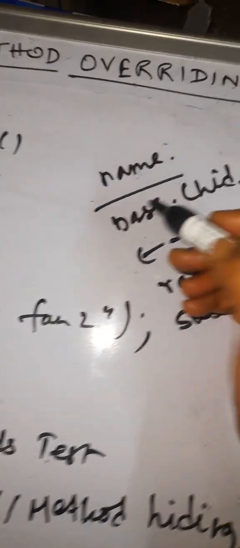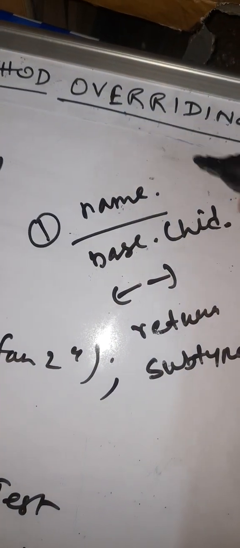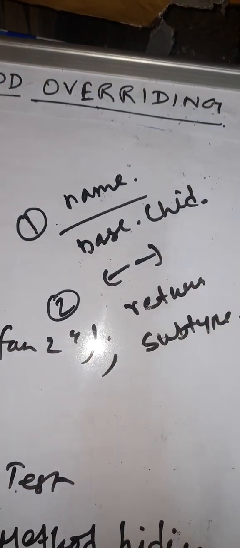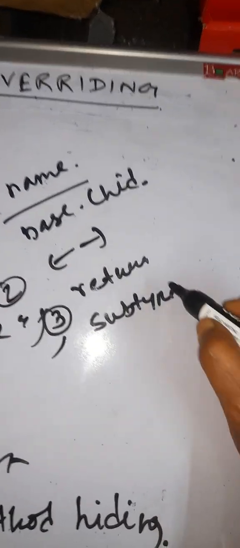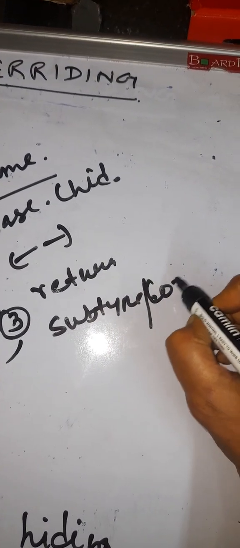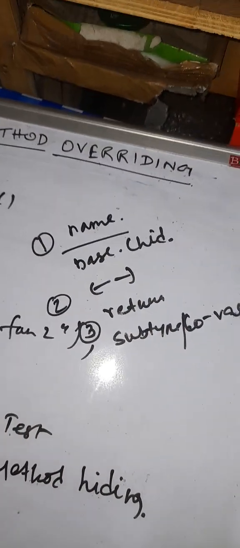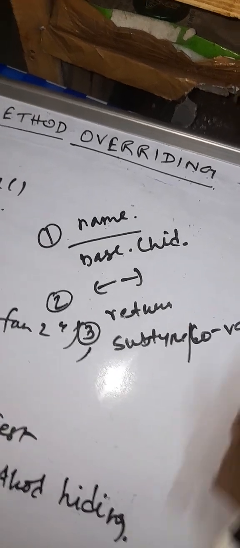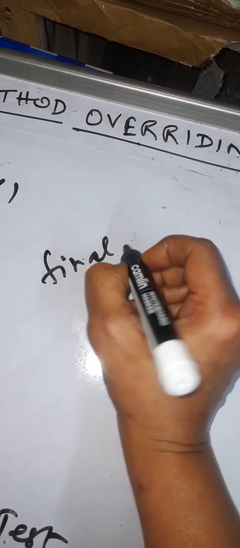Clear? So what are the rules? The method name in the base class and child class should be the same. The number of parameters should be the same, and you can't change the return type, but you can use a subtype, which is also known as covariant. I already declared this part in the first part of method overriding, and today I discussed that if your method is final, overriding is not possible.